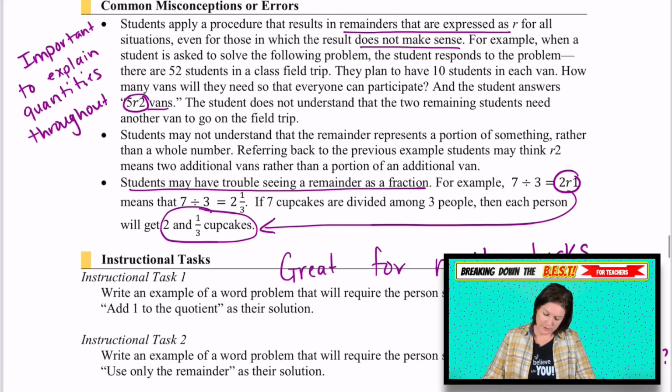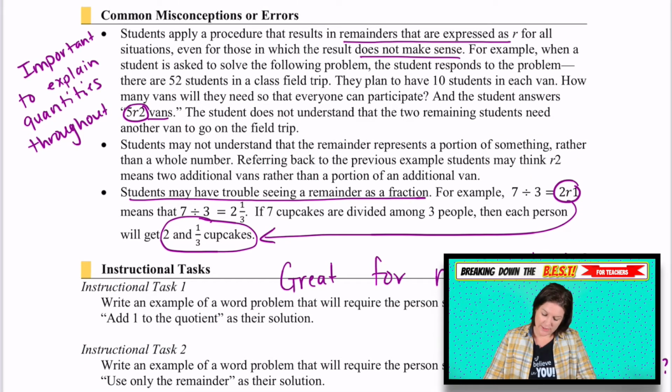Common misconceptions and errors. It says that students will have remainders that are expressed as R, and it does not make sense. For instance, giving an answer of 5 remainder 2 vans. Well, if it's in the context of a problem, that wouldn't make sense to say, excuse me, I need 5 remainder 2 vans.